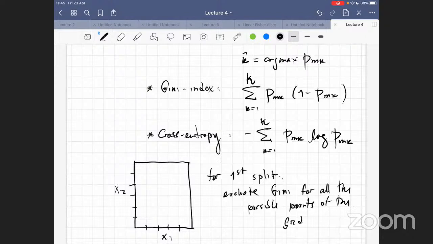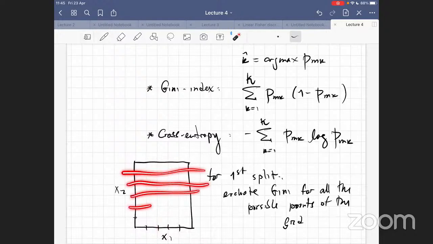It means I have a Gini index associated to this split, another associated to this one, and another, and another, and another, to this one, to this one, and to this one. And then I choose among all of them what is the best.